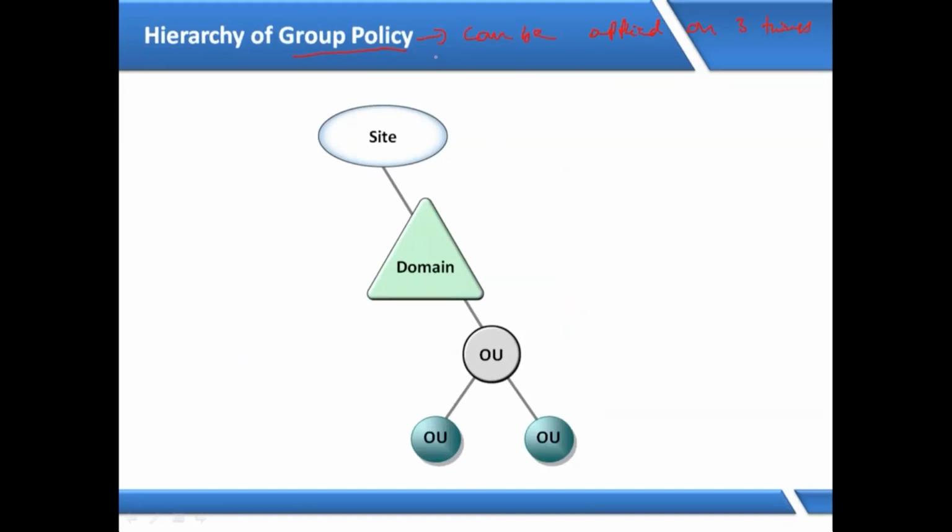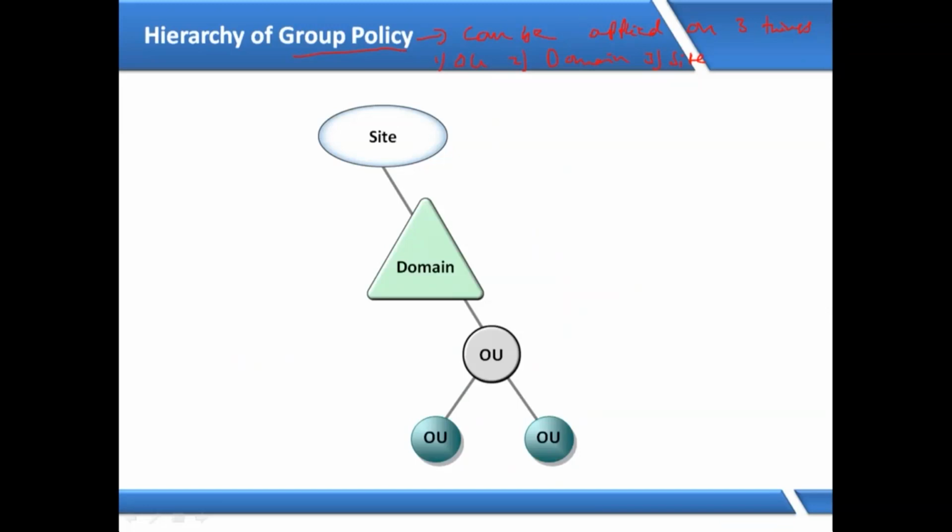One is OU, second is domain, and third is the site. In which scenario we apply the policy on OU, domain and site depends on the requirement. We'll take a scenario and try to understand when we will apply the group policy on OU, domain and site. Let us first understand when we will apply the group policy on the OU.